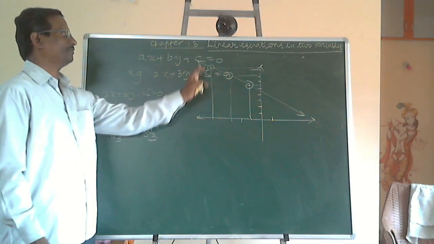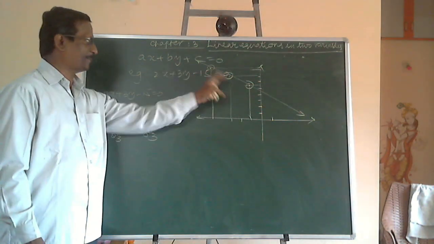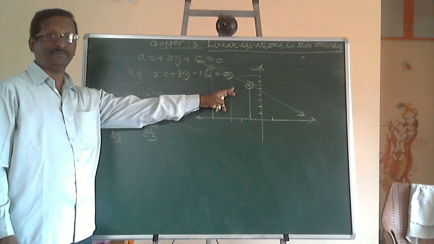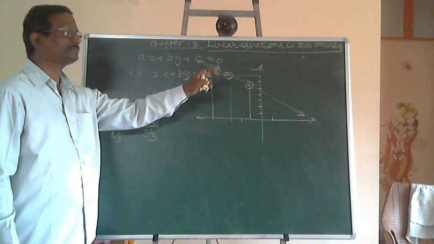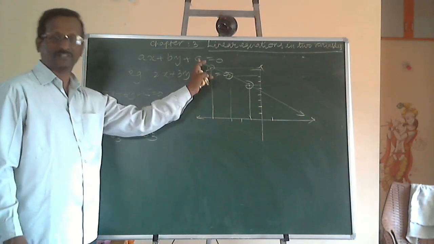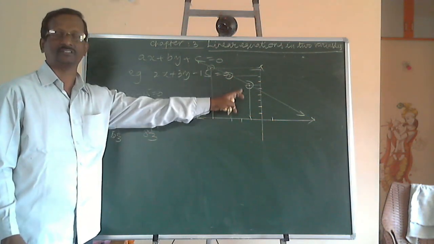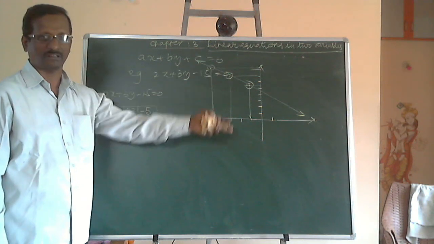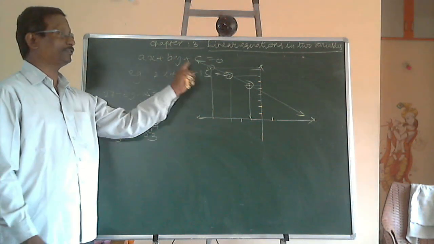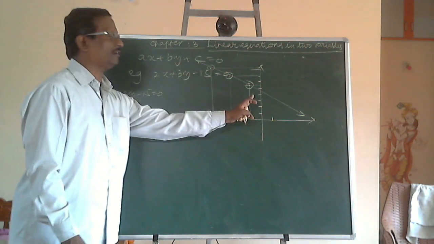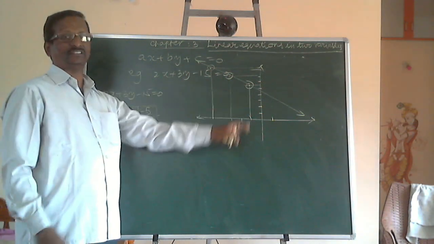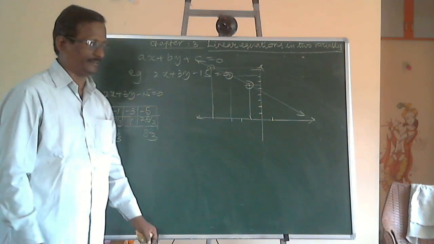In case the 3 points represented on the graph are not on a straight line, check for the mistake. Maybe the first point is wrong, or the second point, or the third point, or any 2 points are wrong. It is compulsory that we get all the 3 points on one straight line.